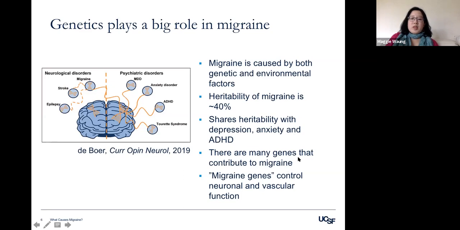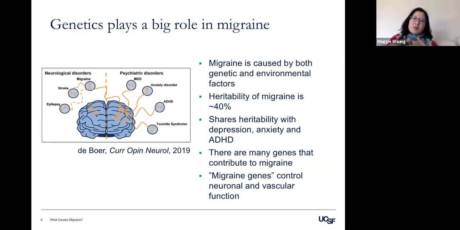So there are many genes that have come out of these studies, and you think, okay, great, so we know genes are involved, but unfortunately it's not that simple. Oftentimes it's not just one gene that's causing migraine.